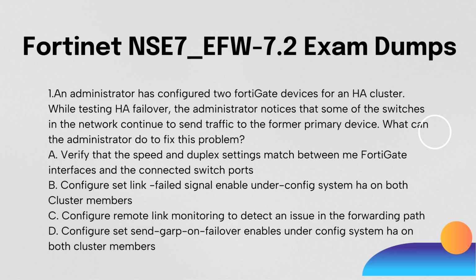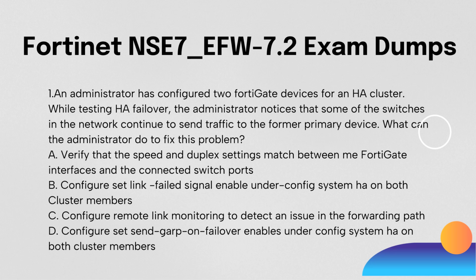1. An administrator has configured 2 FortiGate devices for an HA cluster. While testing HA failover, the administrator notices that some of the switches in the network continue to send traffic to the former primary device. What can the administrator do to fix this problem? A. Verify that the speed and duplex settings match between the FortiGate interfaces and the connected switch ports.